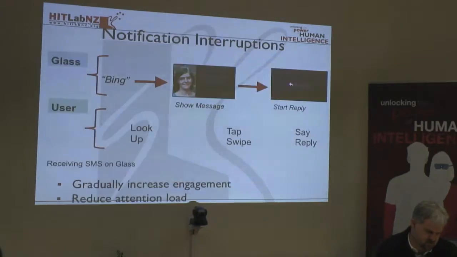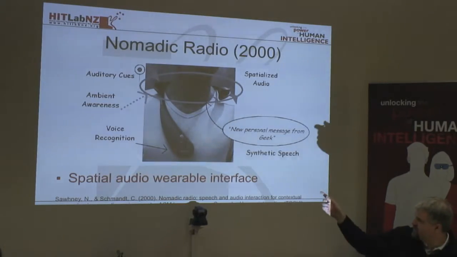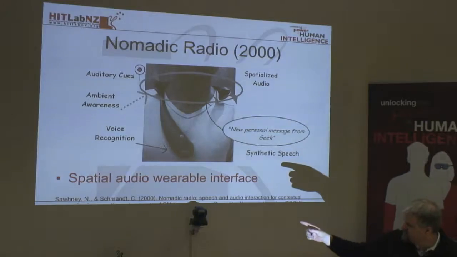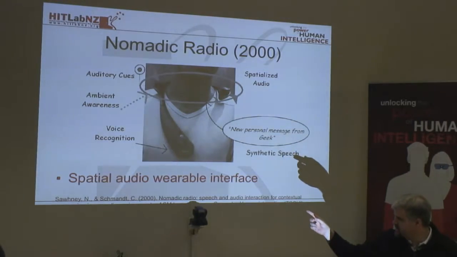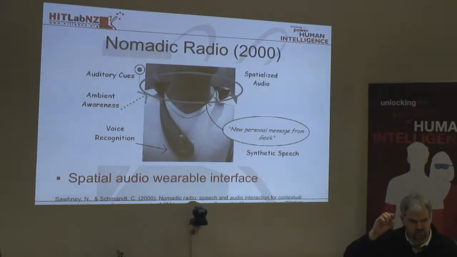But just to re-emphasize, the Nomadic Radio was an interface that used spatial audio cues. In this case, there was no visual display, but they had two speakers on your shoulder, and the speakers would play spatial audio.